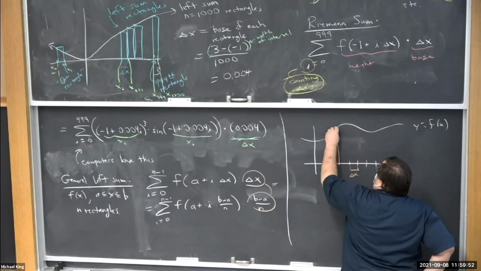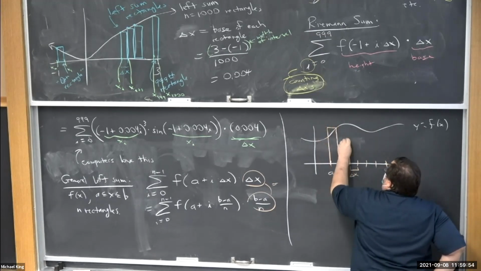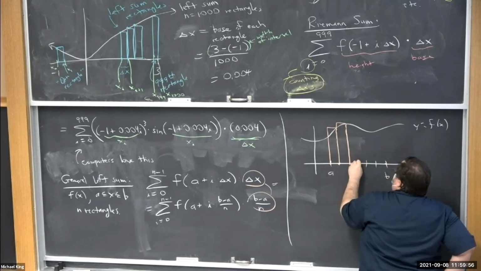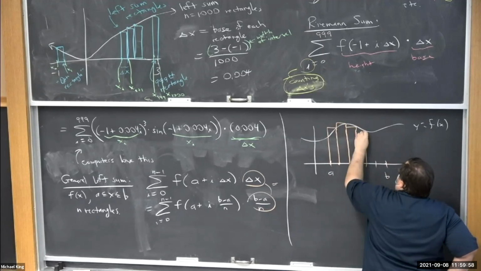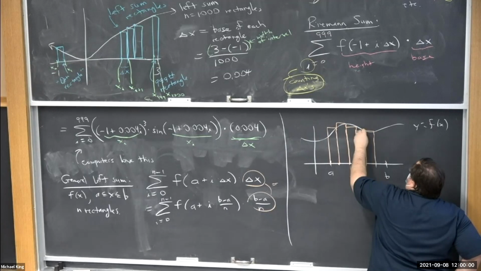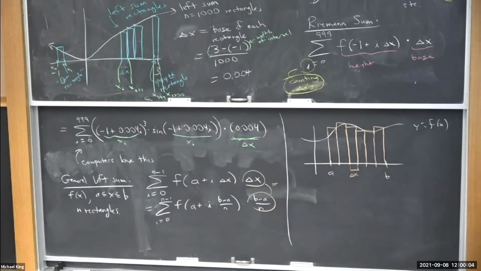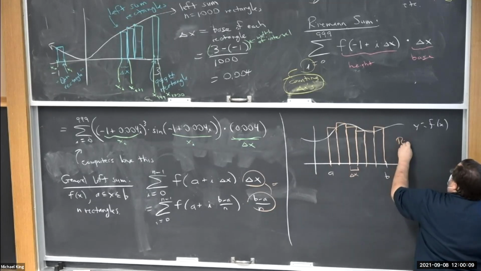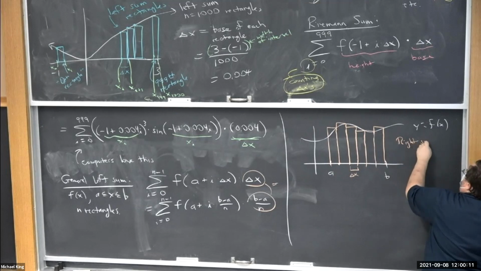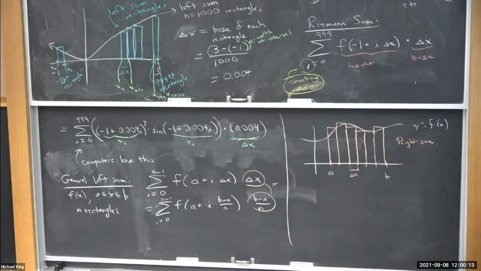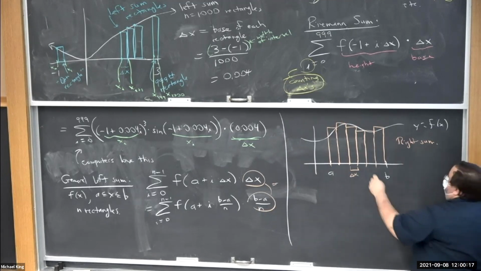So if I use the right-hand endpoint, it's like that, right? My rectangles don't look like rectangles, but this is a right sum. Does that make sense? I'm using the top right of each rectangle on the graph.